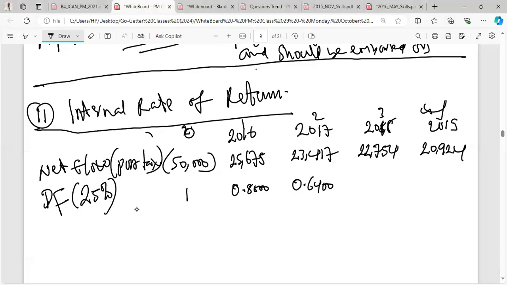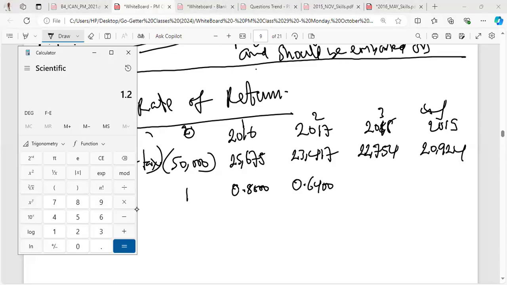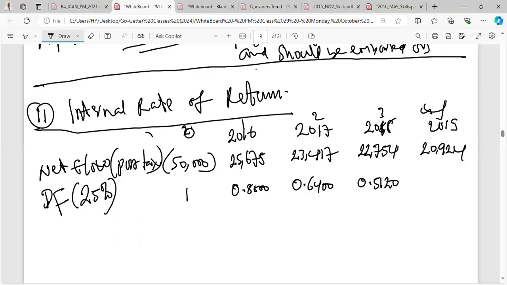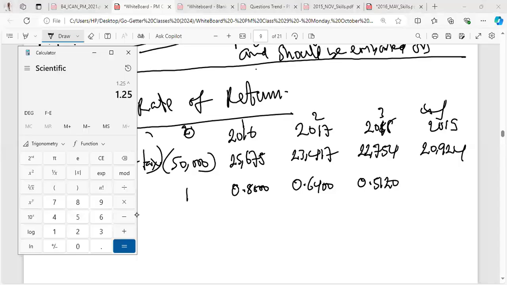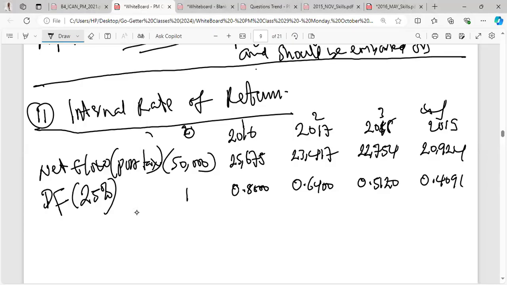The third one, 1.25 raised to power minus 3, 0.512, 0.5120. And the last one, 1.25 raised to power minus 4, this is 0.4096. Right.